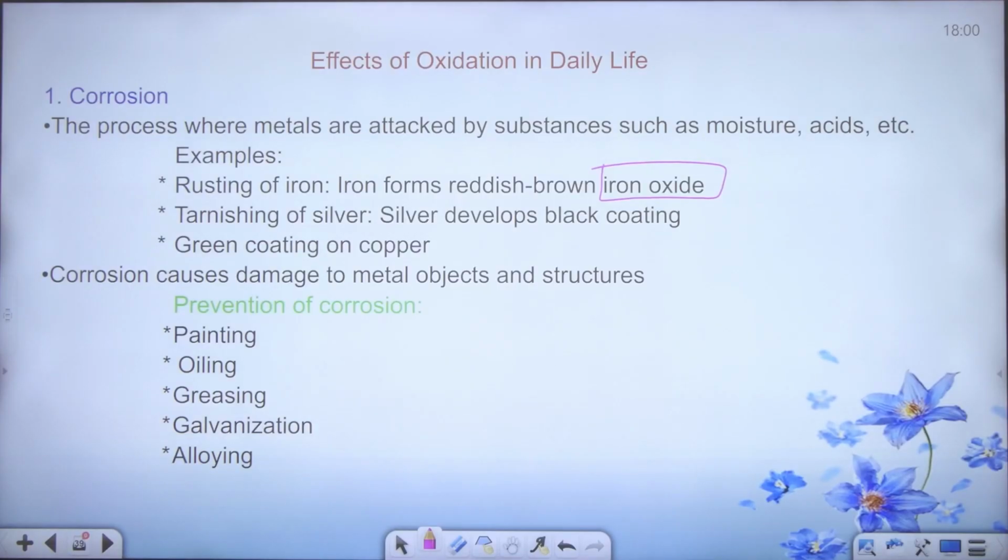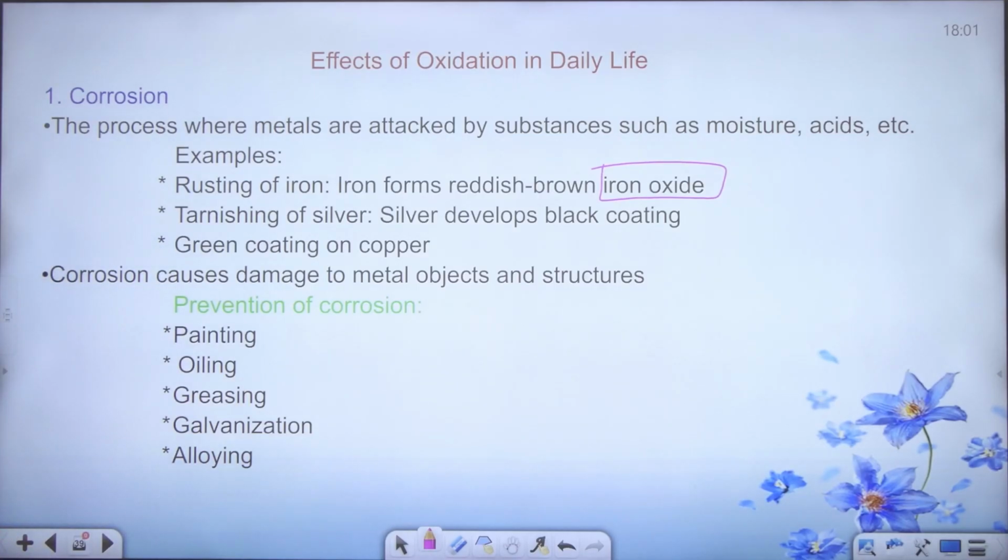And green coating on copper. Copper vessels react with oil or atmospheric moisture to form a green colored coating. That is also an example of corrosion. Corrosion causes damage to metal objects and structures.